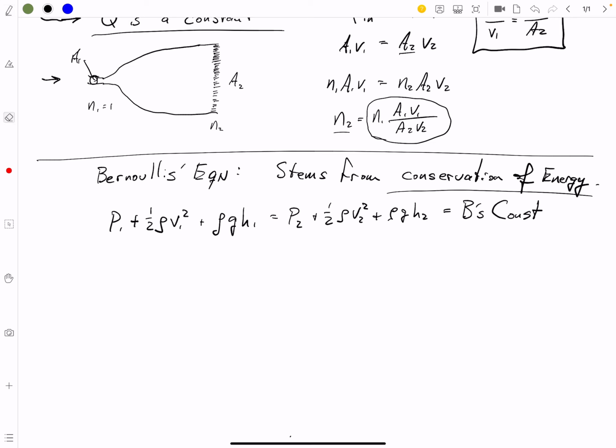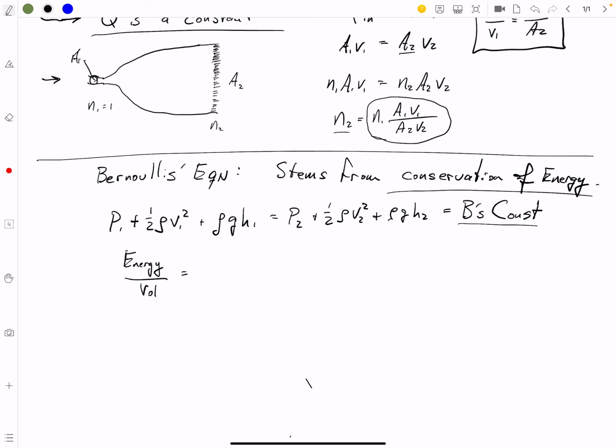So that's what we're doing. What are the units of Bernoulli's constant? Well, if it's energy per volume, what is energy?